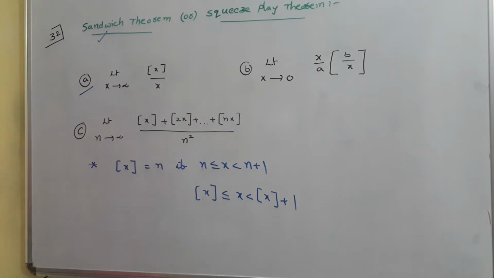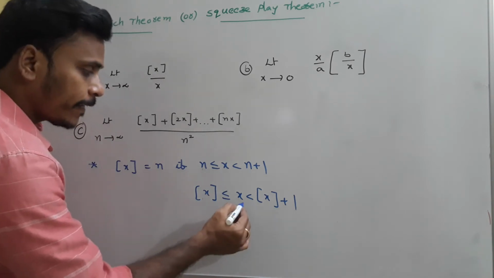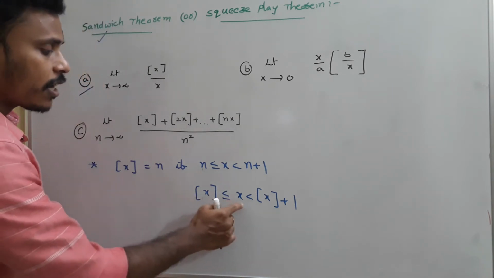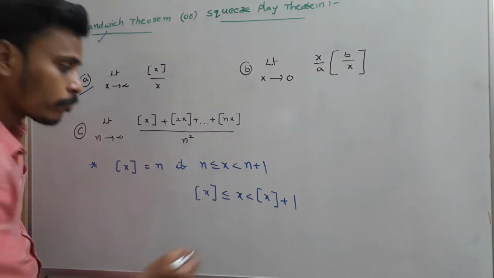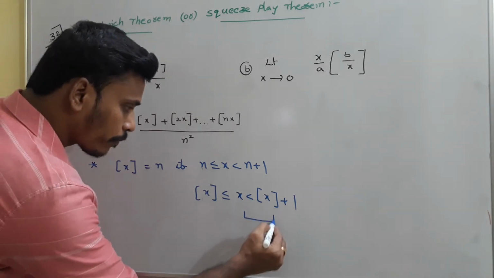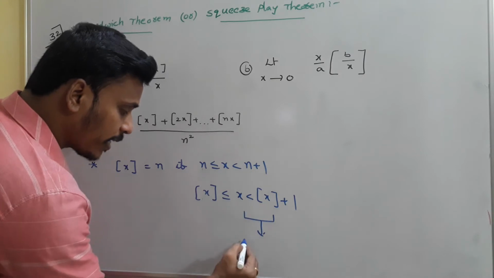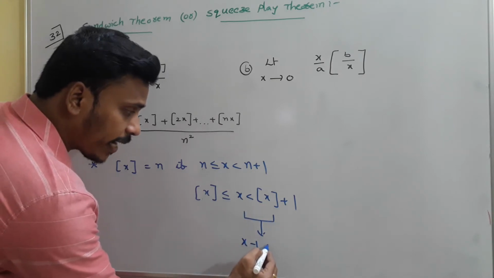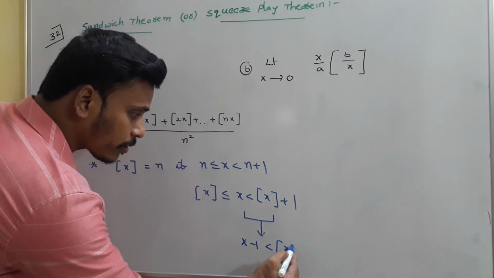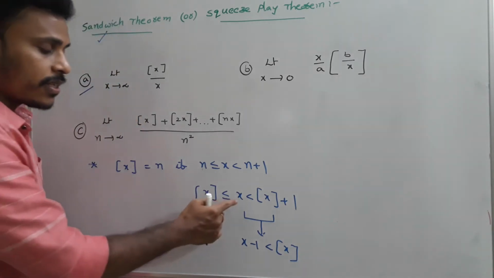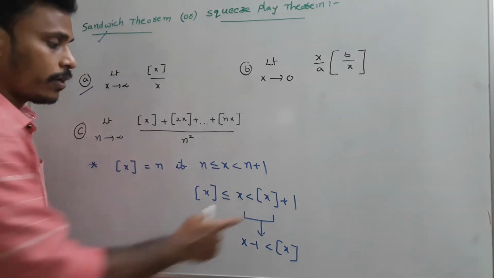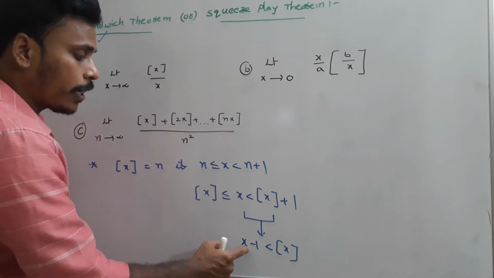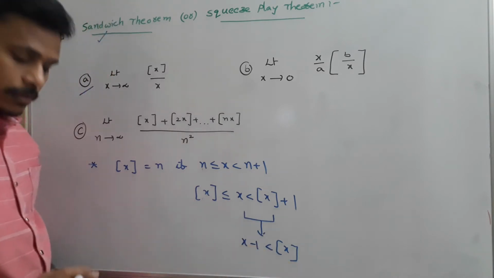And one more thing: floor x is less than or equal to x. Since x is less than floor x plus 1, when you send 1 to this side, it becomes x minus 1 less than floor x.